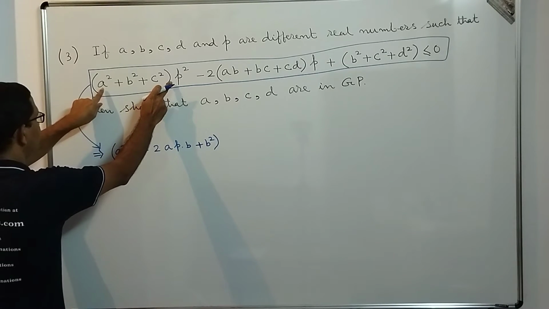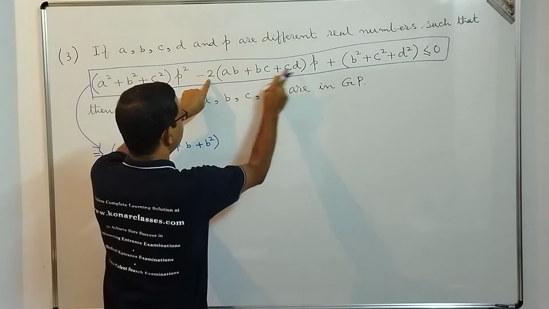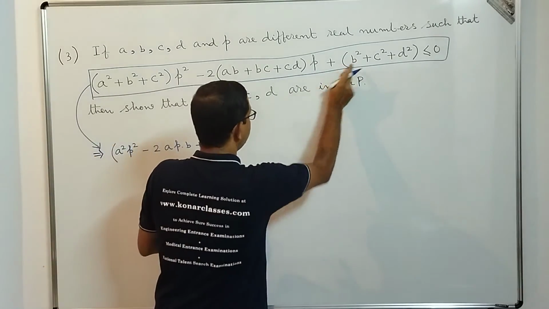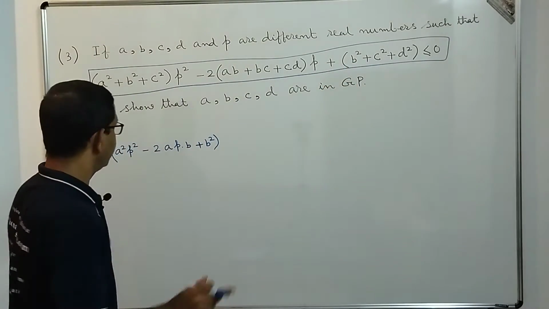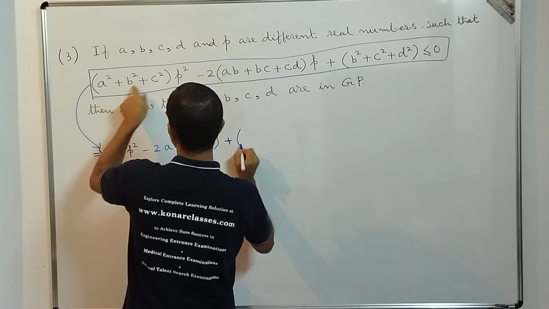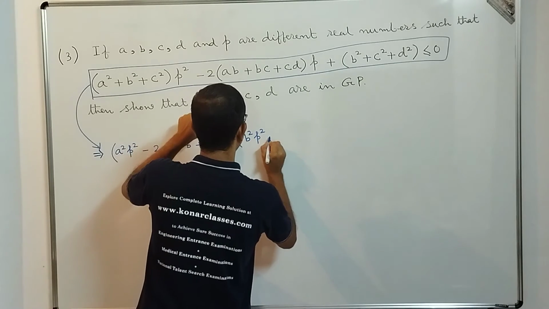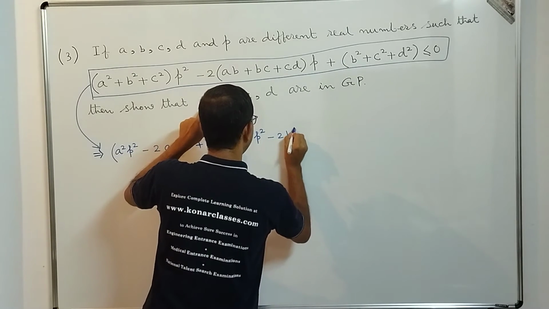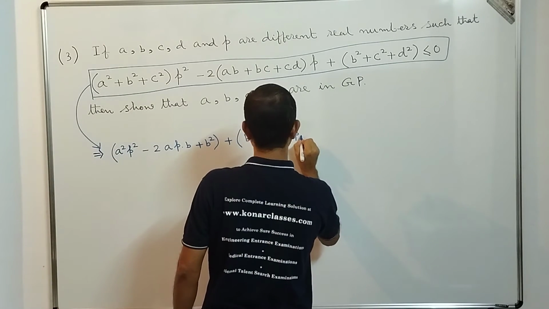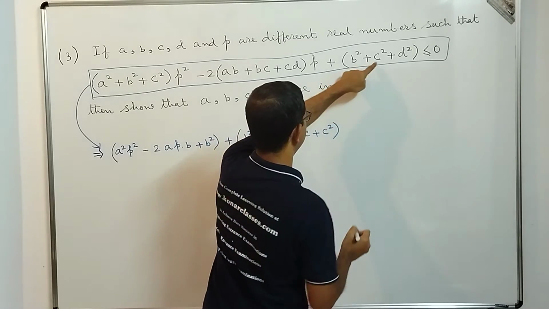And how we are bringing it? From this expression we take A square P square. From here we take 2AB into P, so we rewrite as 2 into AP into B, and from here we took B square, correct? In the similar manner, we write here plus B square P square minus 2 into B into P into C, plus C square from here.